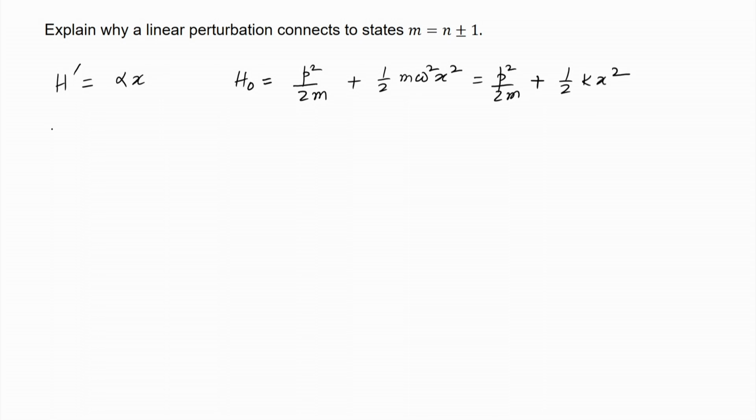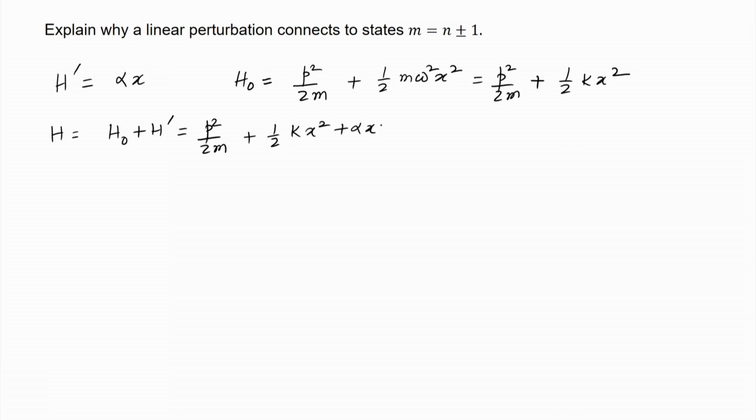Now, if I write down the total Hamiltonian equal to H0 plus H prime, I have p square over 2m plus half k x square plus alpha x.